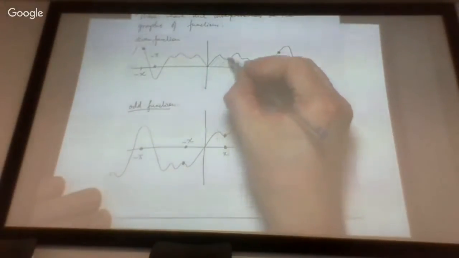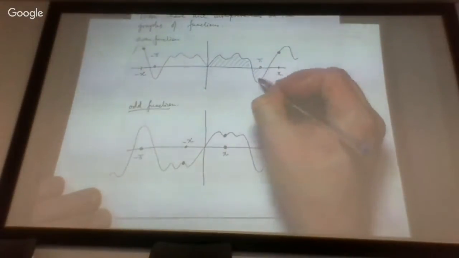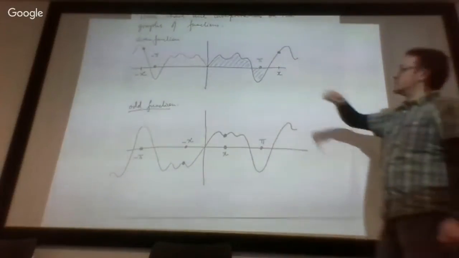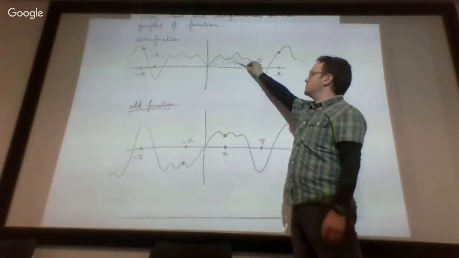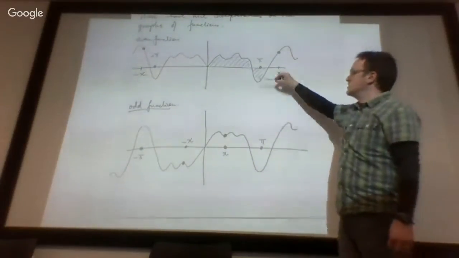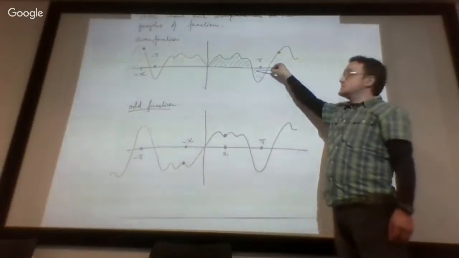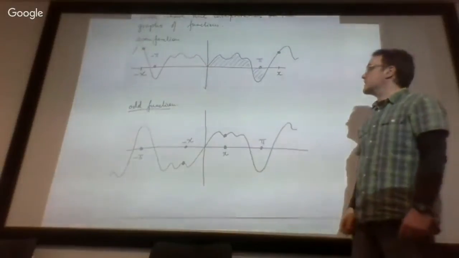Well, remember, the integral is keeping track of the signed area between the curve and the x-axis. So portions above the x-axis get counted with a positive contribution. Areas below the x-axis contribute a negative area to that sum.